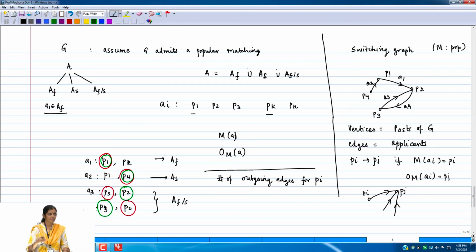So when will a vertex not have an outgoing edge?